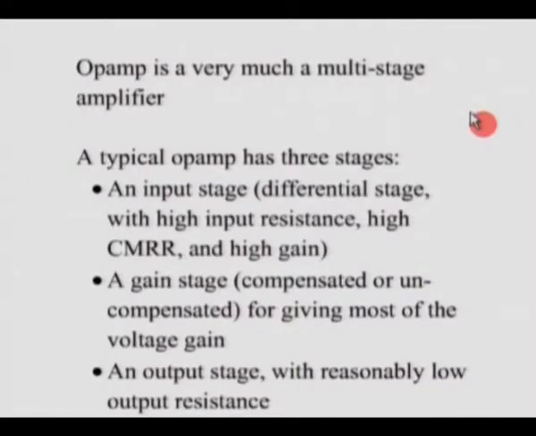Now in a 741 op amp you have a second stage, which is called a gain stage. In 741 this is a compensated gain stage, meaning internally a capacitor has been introduced between, let us say, the collector terminal and the base terminal. From our discussion yesterday we saw that in a common emitter configuration, if you connect a capacitor between the collector and the base terminal, that capacitor gets multiplied by the gain.